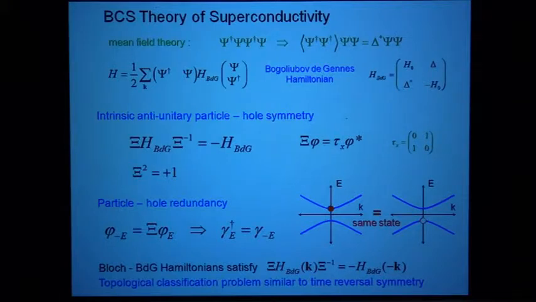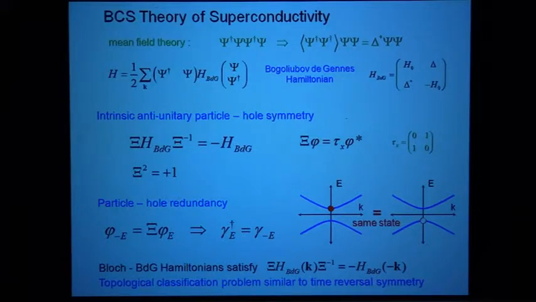Then I can write a Hamiltonian that involves these anomalous terms, and the anomalous terms give me the off-diagonal components of this matrix. Now, when I've done this, I've done something drastic because I've made two copies of my original problem. By making these two copies, I'm able to turn this non-trivial superconducting problem into a problem that looks like an insulator.